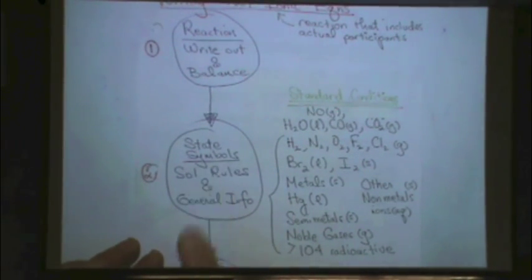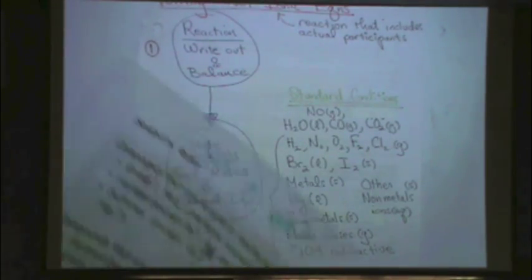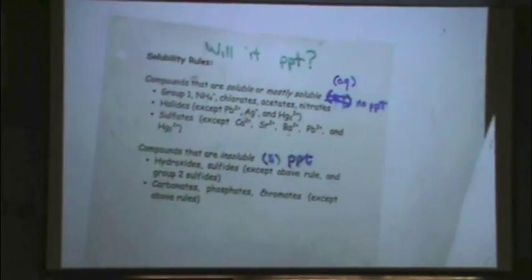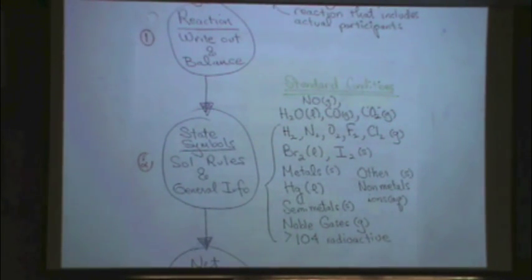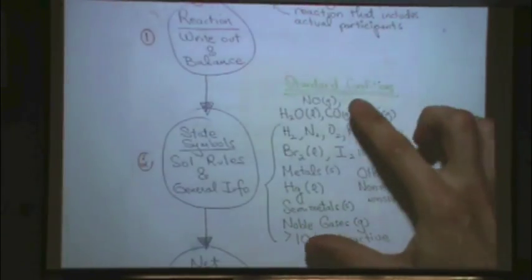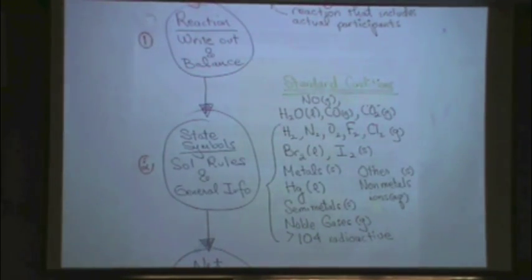Step 2, you figure out all state symbols. How do you do that? You use the solubility rules that we just did for any ionic compound. That's one way to figure out the state symbols. And the other is general information. That's what we ended class with last time on the bottom of page 33 in your reader.